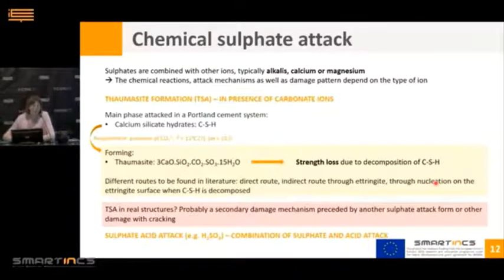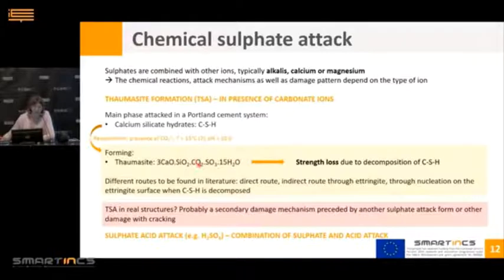Okay, so then we move on to the next one, which is a special form of sulfate attack, the thaumasite formation. So in this kind of sulfate attack mechanism, we will have the calcium silicate hydrates moving, let's say, towards a thaumasite product. And as you can see from the formula over here, we need carbonate ions for that.